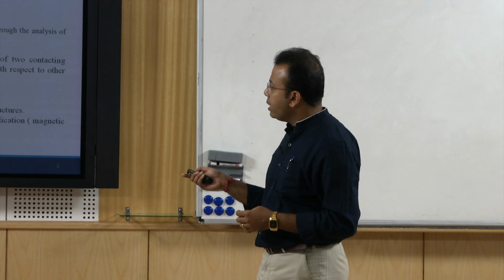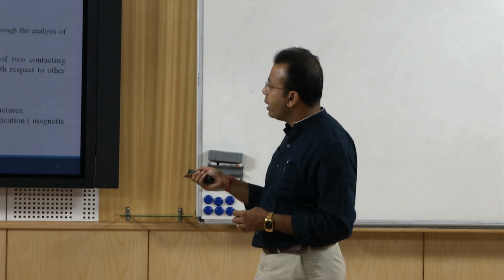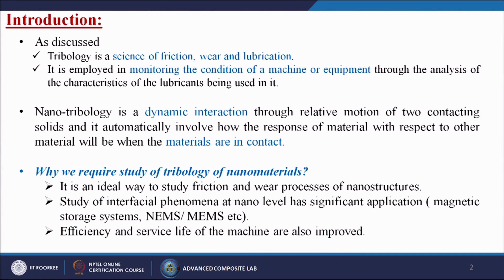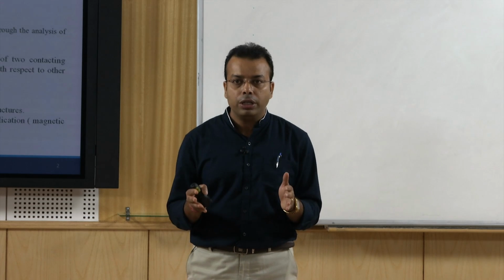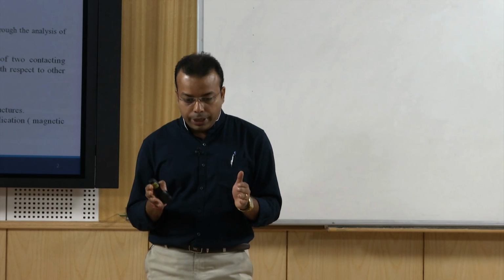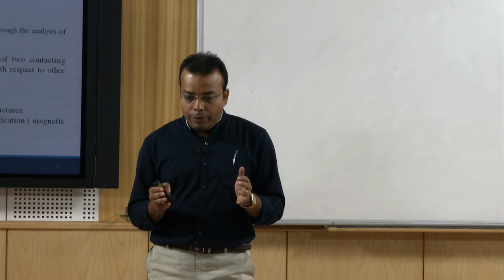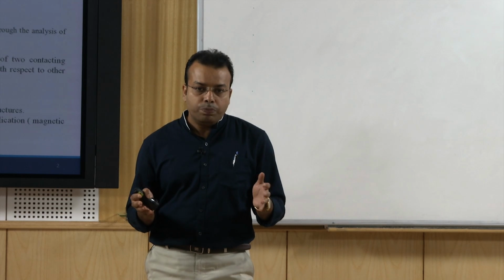Nanotribology is the dynamic interaction through relative motion of two contacting solids, and it involves how a material responds with respect to another material. In our first slide we discussed tribology at the macro level. Now we are discussing tribology at the nano level. Nowadays we hear the term nano every time.